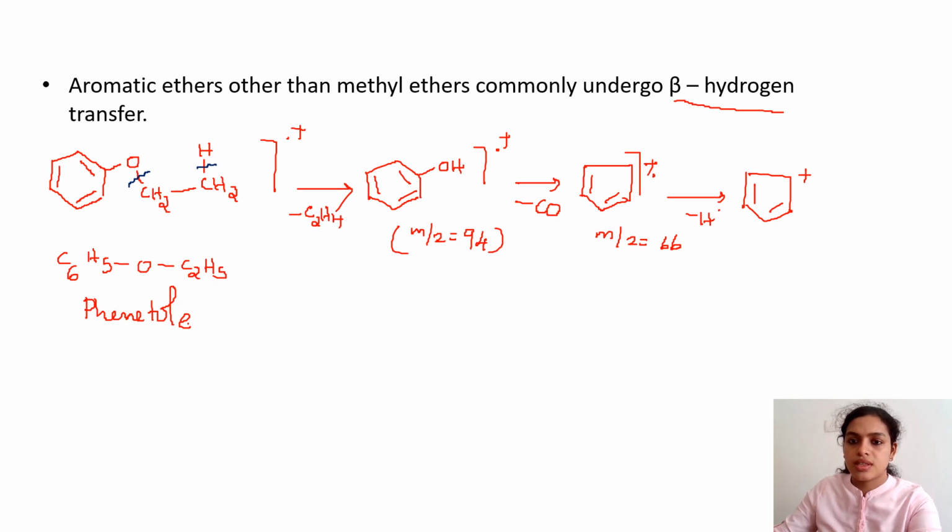So 66 dot plus, and then H dot is eliminated to give a species like this with m/z equal to 65. I'm not writing the fragmentation pattern from here to here because I have discussed it in the first part of this video, the fragmentation pattern of phenol. If you are not clear with that, please go through that first part again. Then you will get a clear idea of how the peaks at m/z 66 and 65 are obtained, that's already explained.